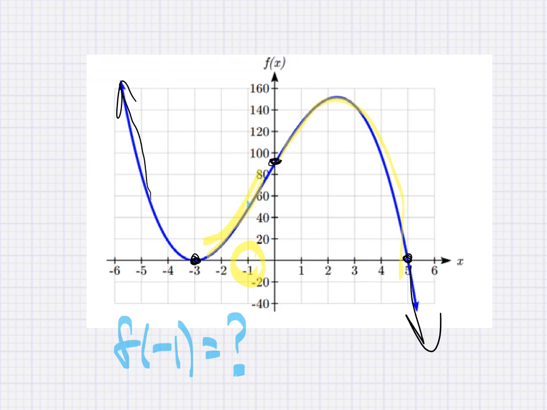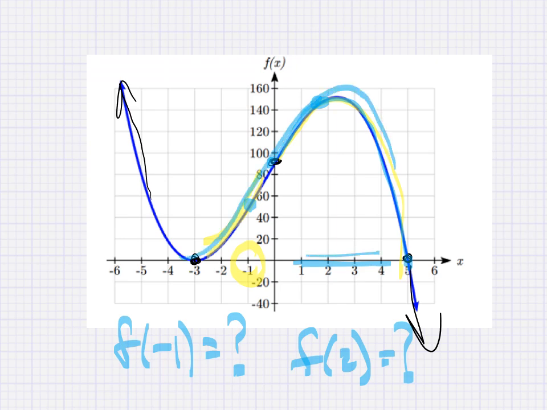I would have got something right around here. Then I would have taken a point or two in here, so maybe f of 2, and found out what that equaled. That would give me a y value here, so I would know I have to go up a little bit, and then I start coming back down again. So checkpoints would help me fill in all this stuff that I probably wouldn't know.